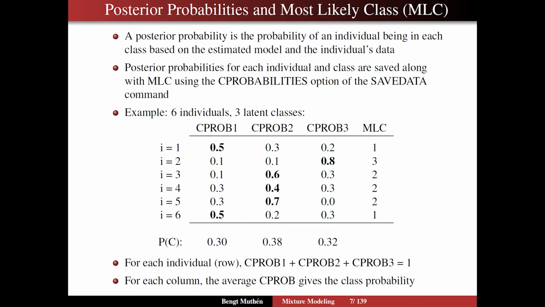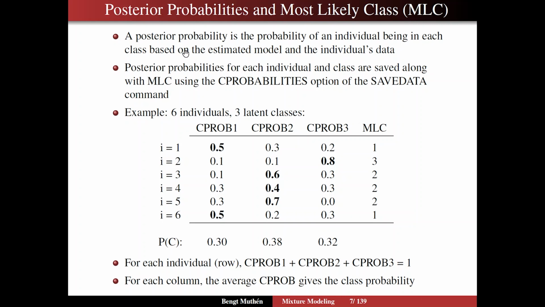Slide 7, then we take a closer look at what a posterior probability is and how it relates to most likely class, or MLC. So a posterior probability is a probability of an individual being in each class based on the estimated model and the individual's data. So the estimated model uses all individuals' data.